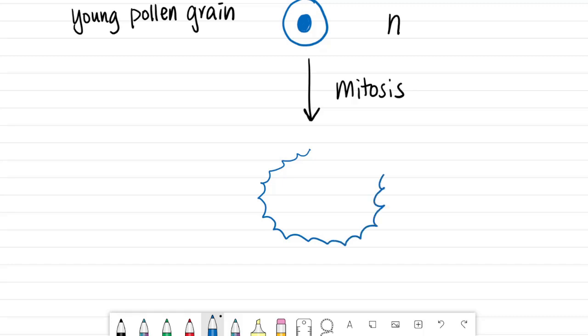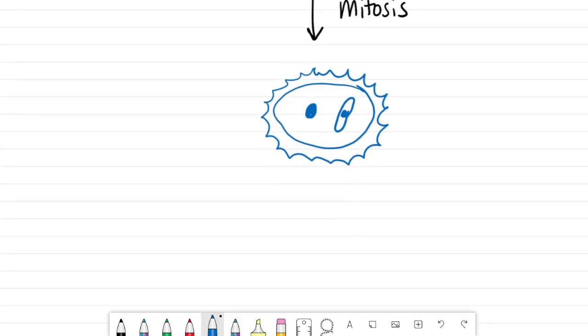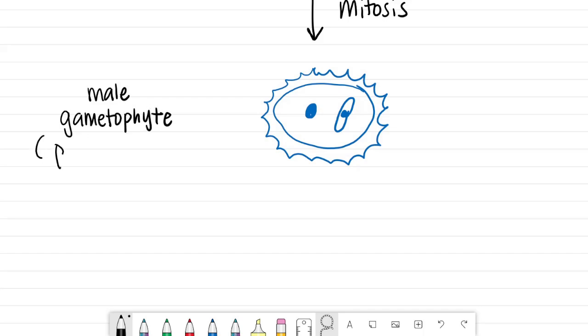We're going to start with the exine, or the outer layer, the intine, the inner layer, and draw the tube cell and the tube cell nucleus and the generative cell. You learned this in your slides before. This is now called a male gametophyte, also called a pollen grain.